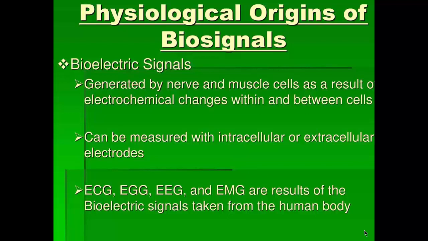So to some degree, we'll also look at that electrochemical activity and just how does that produce a wave. So this is one of the essential areas that we will examine somewhat briefly, but examine it nevertheless to arrive at what an EEG, what a brain wave is.